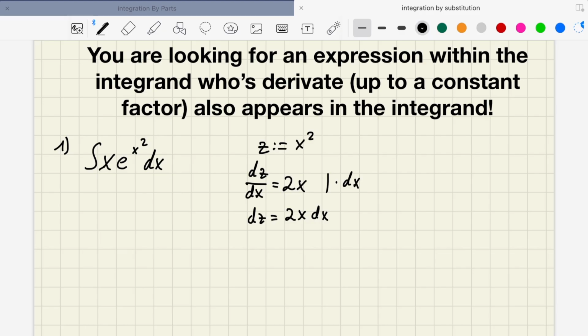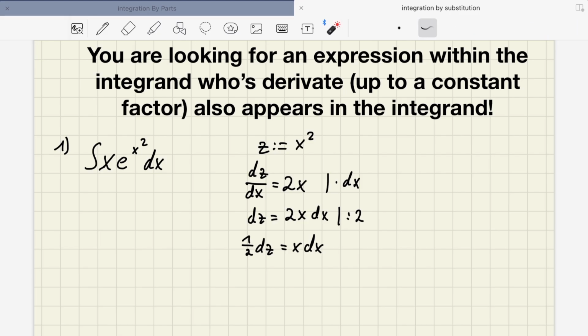Okay, so what's the point, you're thinking? Take a look. We have this expression here, x times dx, and it appears also in our integral. Here is x and here is dx. So what we now do is we divide by 2, and then we have 1/2 dz is equal to x dx.